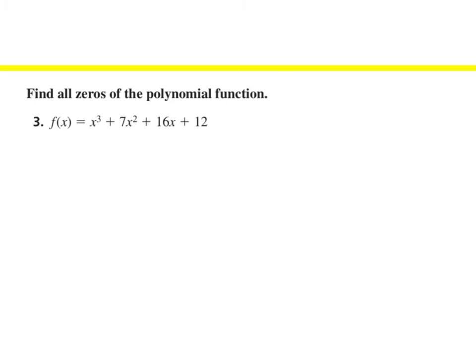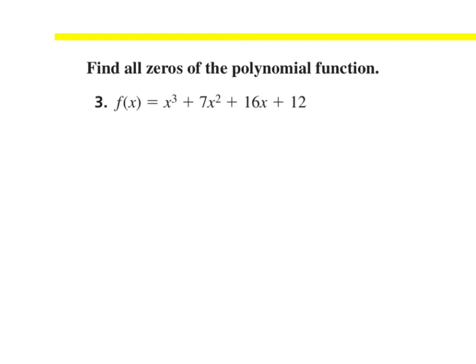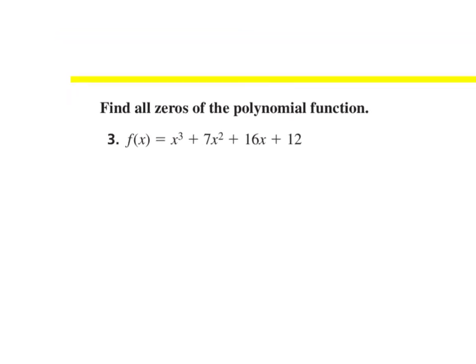All right. Number 3. Find all the zeros of the polynomial. How do we find the zeros or factor here? Well, first, how many solutions are we going to have? 3. We need 3 answers. How do we factor?